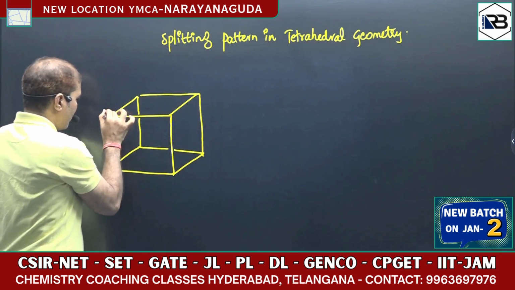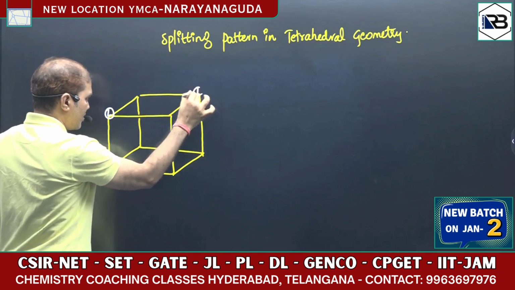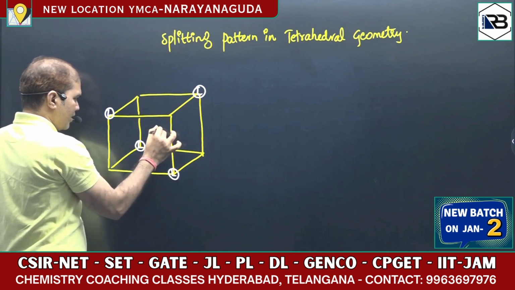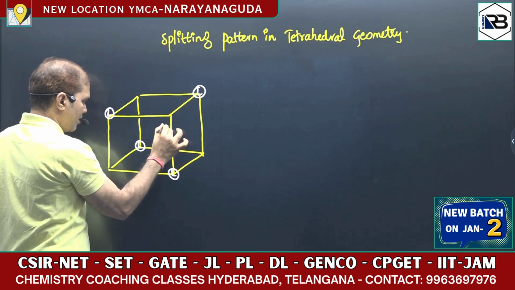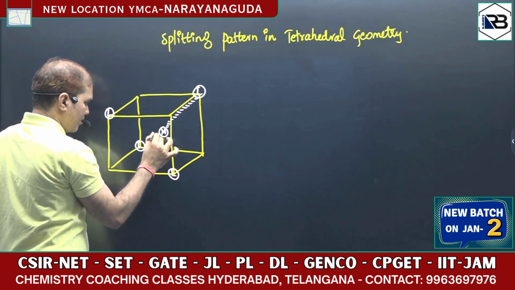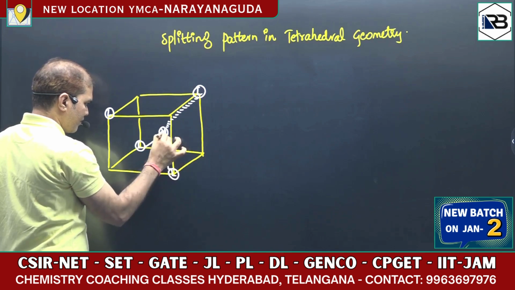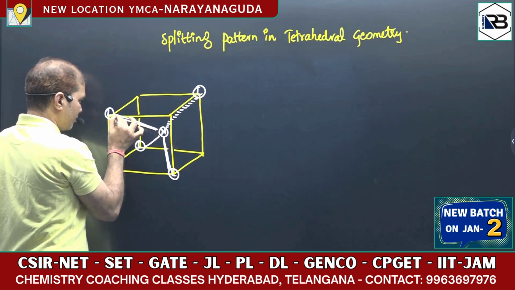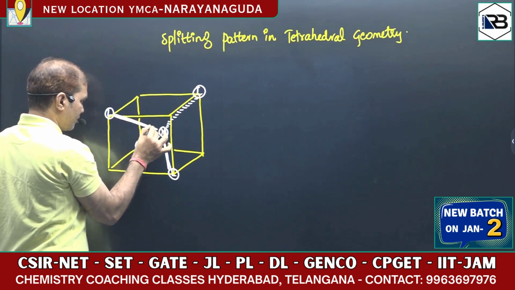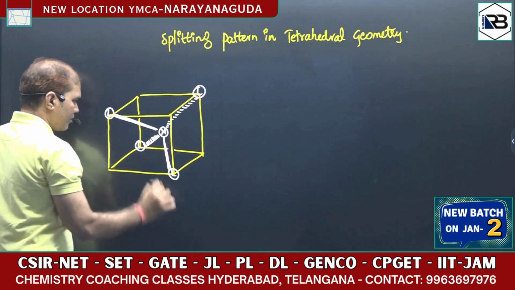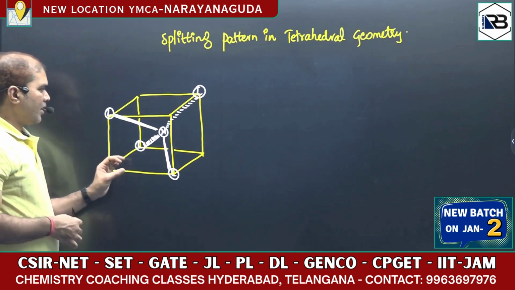So if I consider one ligand to be present here, a second ligand here, the third will be away from you, and the fourth will be towards you. Well, this is tetrahedral geometry.